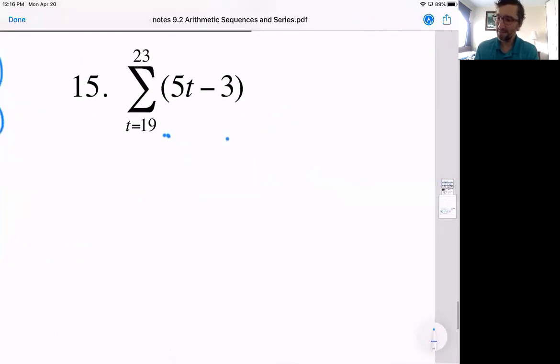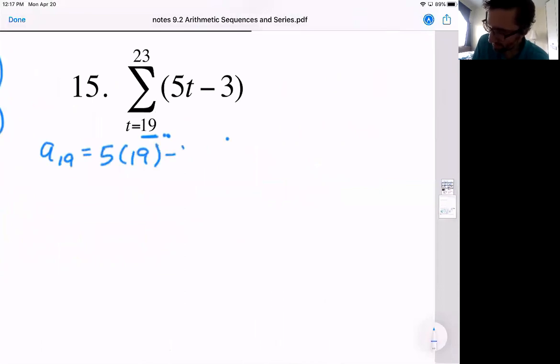The last example is one that students often struggle with, mainly because it doesn't start at 1, it starts at 19. So let's find the 19th term, a sub 19. That would be 5 times 19 minus 3.